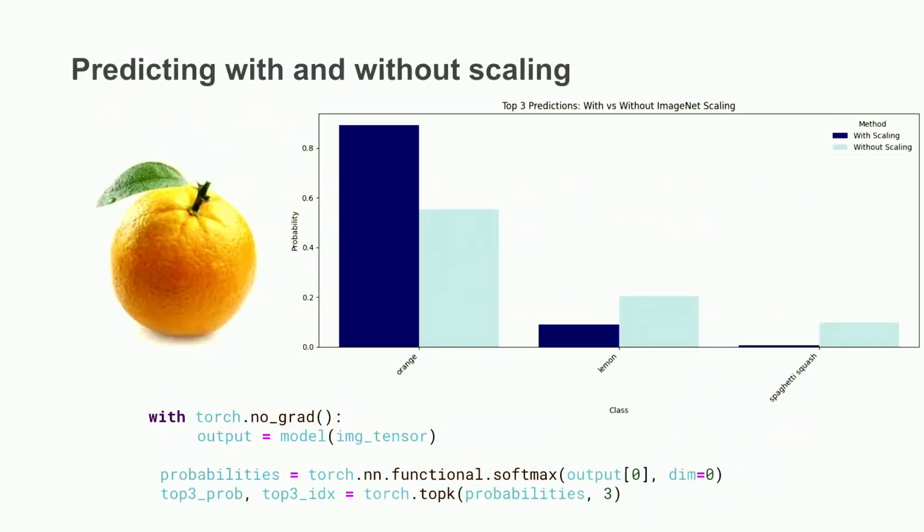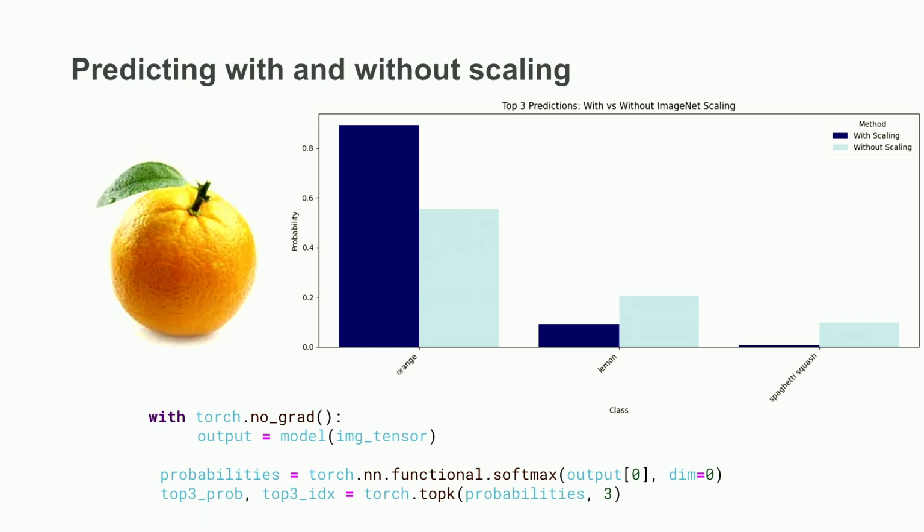So here we see a comparison of how ImageNet normalization affects the model predictions. With proper scaling, the model confidently identifies the orange with 0.8 probability.